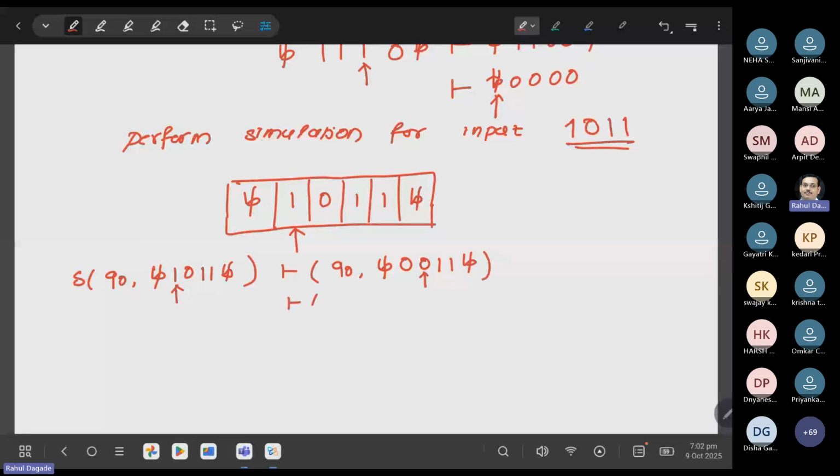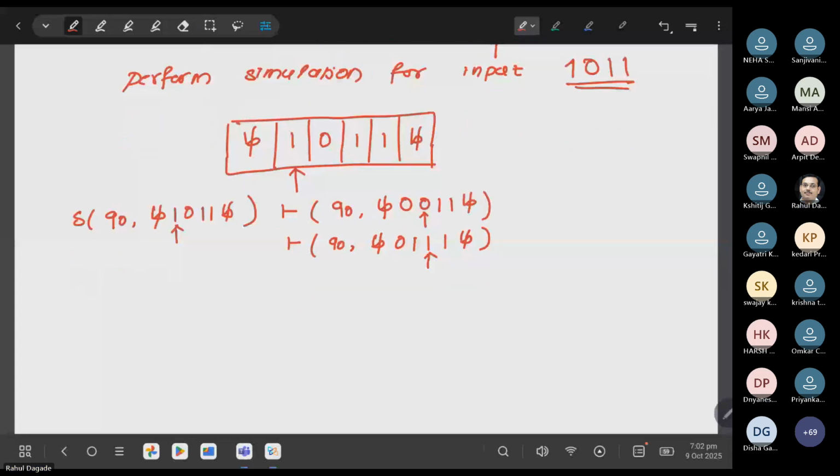So that means it goes into Q0, blank 0 1 1 1 blank, and the pointer is at the third position. Then Q0 on the next 1 converts it into 0, giving 0 1 0 blank, and the pointer is at the last position.